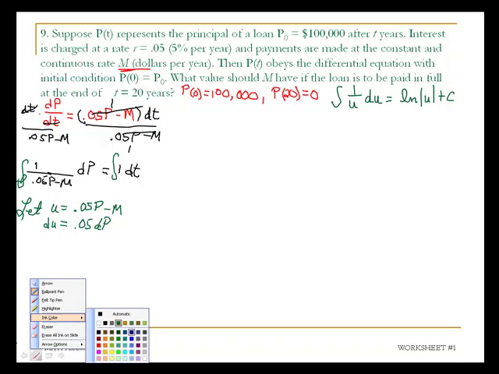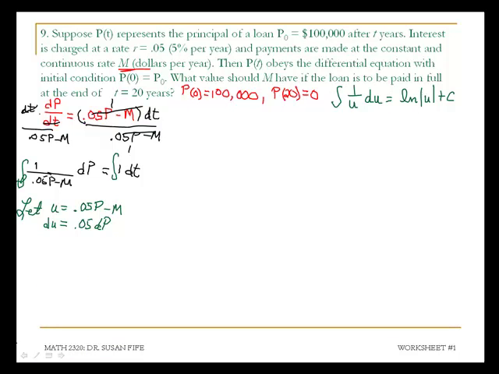I can put the 0.05 in the numerator, times 0.05, so that I get the 0.05 dP, but then I have to divide it off in front, 0.05, so that this left side becomes 1 over 0.05 times the integral of 1 over u, and the 0.05 dP is my du.